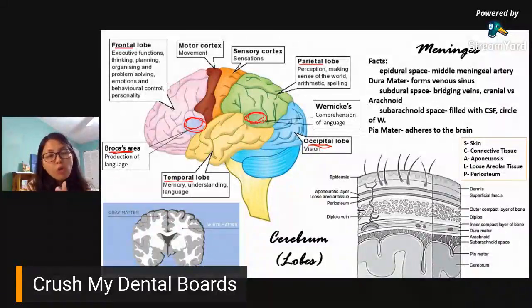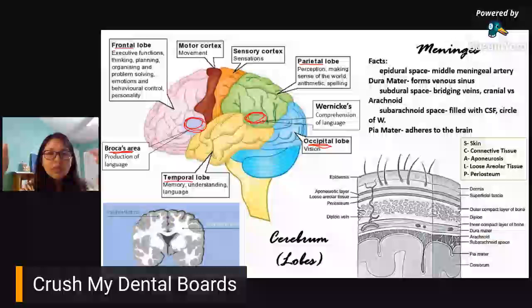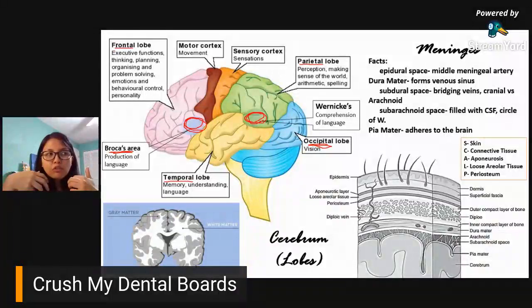Broca's, broken words. Okay? So they understand, they know what they want to say. It's just that they couldn't say it. They're having difficulty producing the words. Okay? So if that's the scenario, then the affected area is Broca's area. So that's your Broca's aphasia.